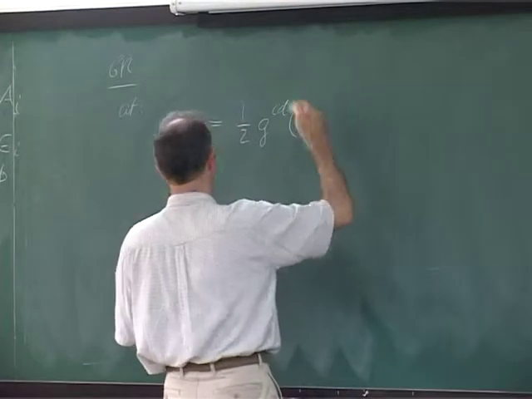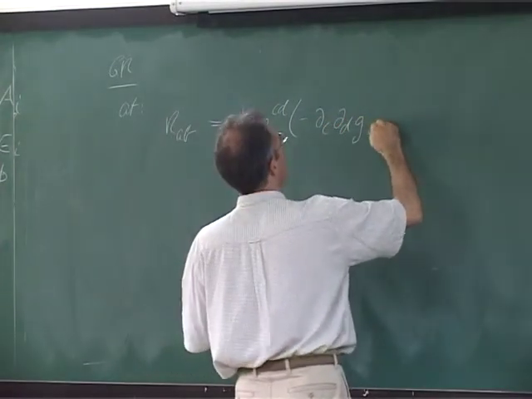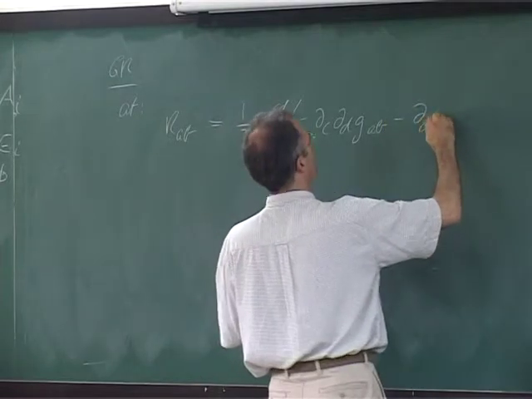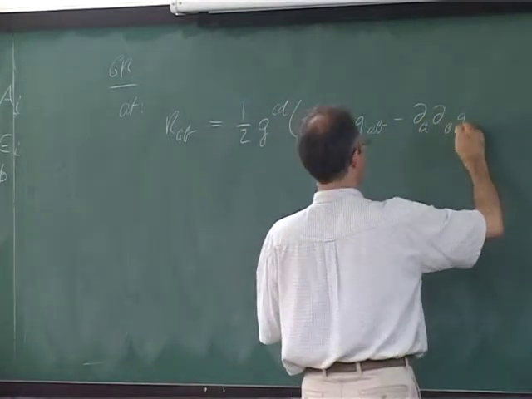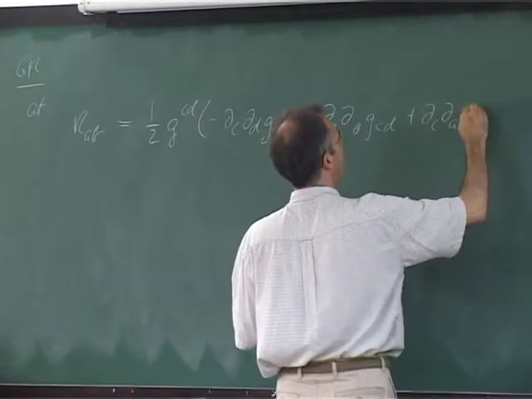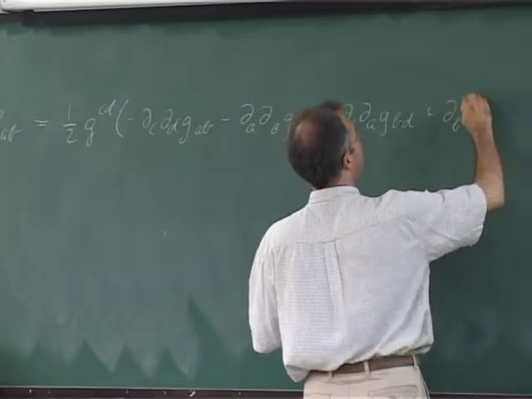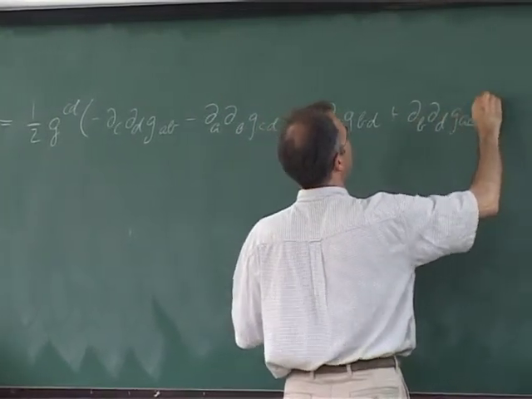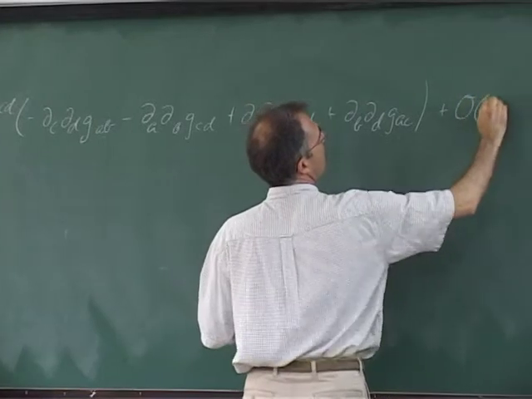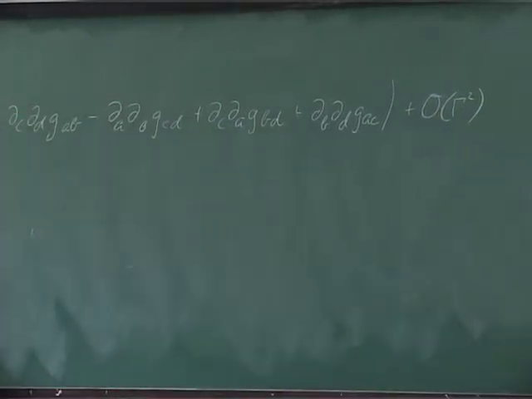Here's ∂_c ∂_b g_ab, minus ∂_a ∂_b g_cd, and then we have a plus ∂_c ∂_a g_bd, and a plus ∂_b ∂_d g_ac, and then of course the nonlinear terms in the Christoffel symbols that I'm too lazy to write out.